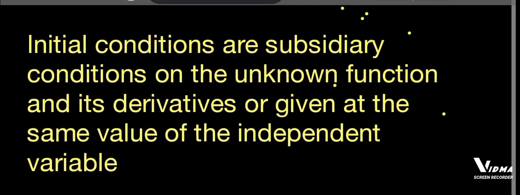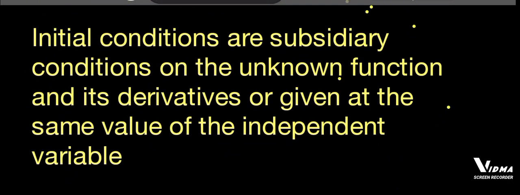So under that, we have initial conditions, and it is a type of subsidiary condition which is given on our unknown function. So let's say my unknown function is y. So it is given on the unknown function and its derivatives.